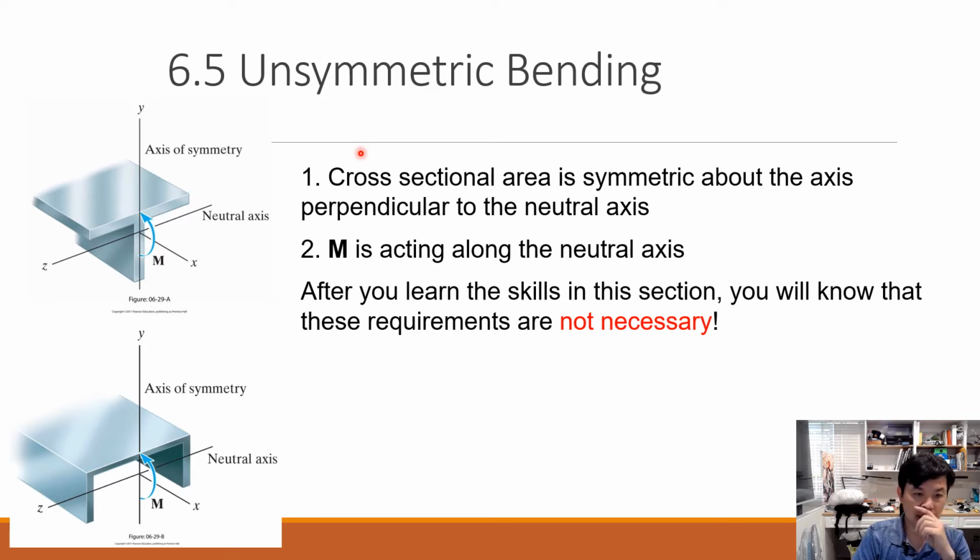So based on the above statements, these two important assumptions or requirements we mentioned at the beginning of this chapter or in the previous two sections, where we derived our flexural formula, may not be necessary anymore, especially when we learn the skill in this section. We will know that these requirements are not necessary for all the cases. So let's see how to learn these special skills.